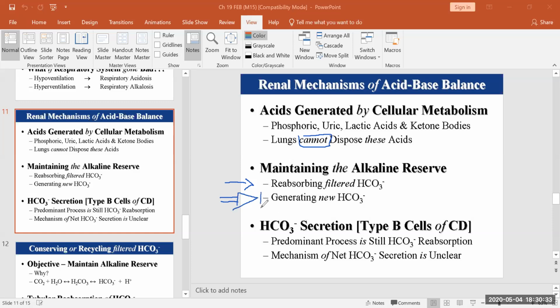And this is an amazing ability, because that bicarbonate is used as a buffer to prevent acidification of our body fluids, and also to neutralize the gastric juice coming from your stomach into your small intestine.